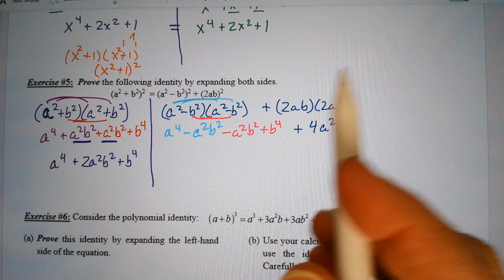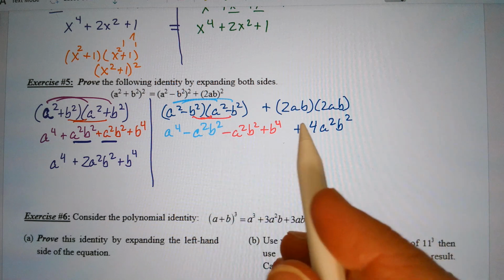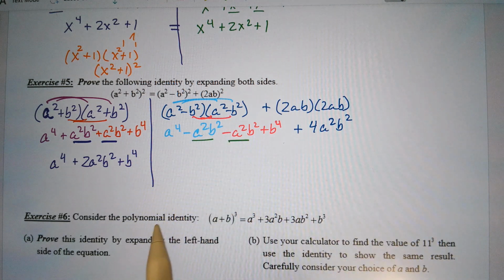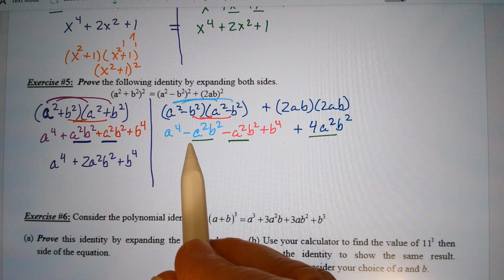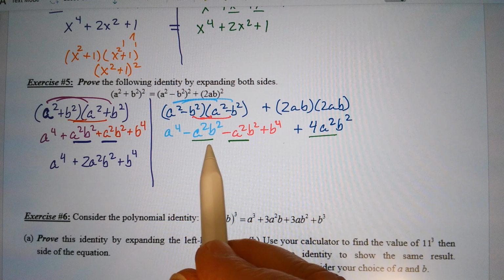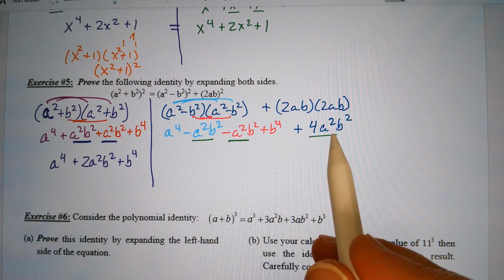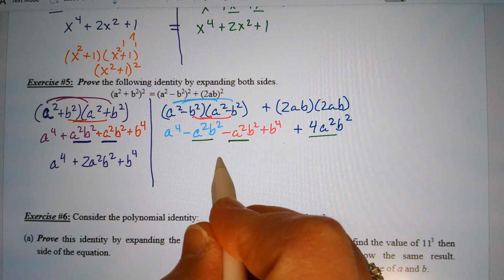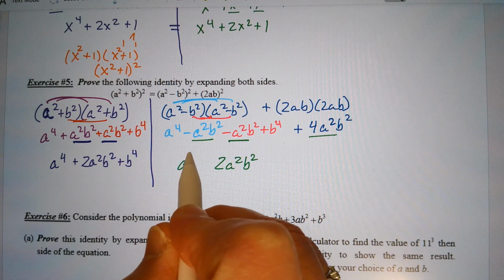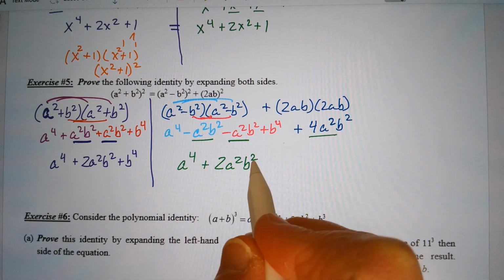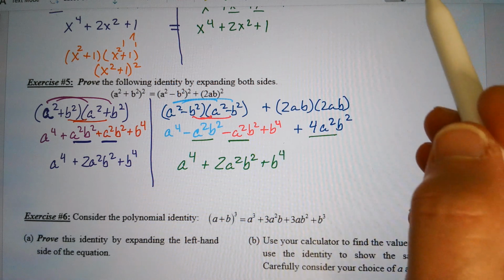Combining like terms, these combine to be a negative 2a squared b squared, and a positive 4a squared b squared is a positive 2a squared b squared. We write a to the fourth plus 2a squared b squared plus b to the fourth. They are identical.